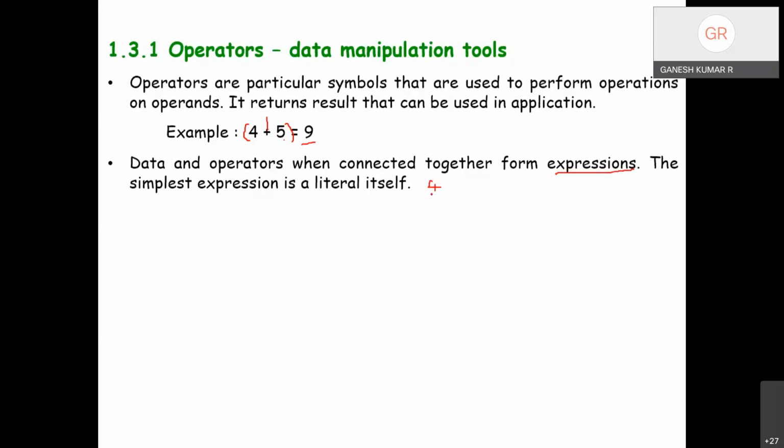It could be a simple expression like a literal, or a lengthy expression like 4 plus 5 into 6 division by 3 percentage 8 minus 2. So an expression is a collection of operands and operators which together form a meaningful value.